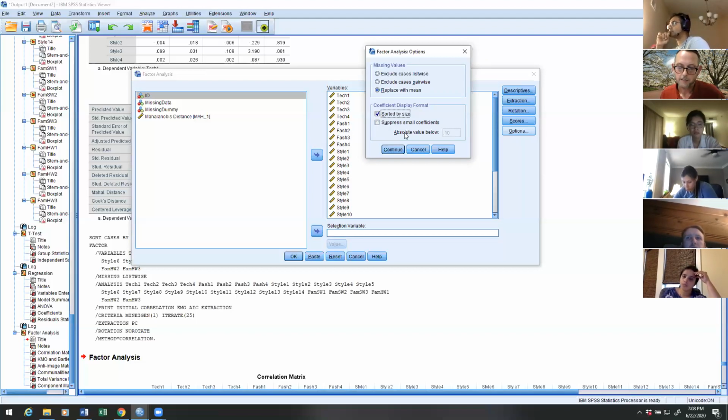Generally speaking, I look for factor loadings to retain that are above 0.6 or 0.7-ish. That is not a hard and fast rule. Some people go down to 0.5. It depends on your tolerance for factor loadings.